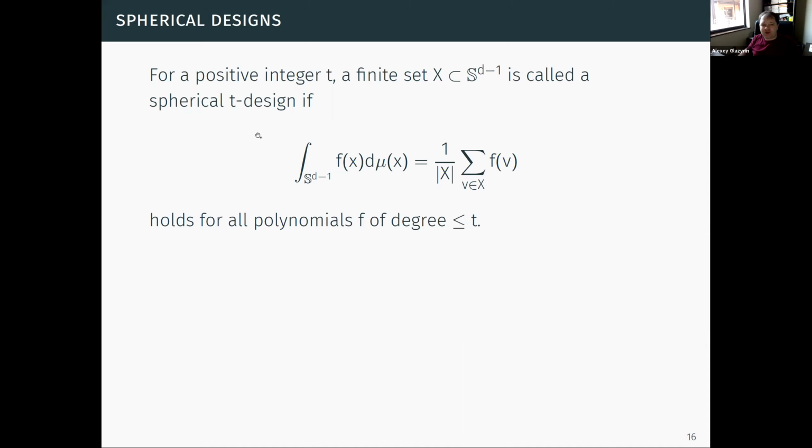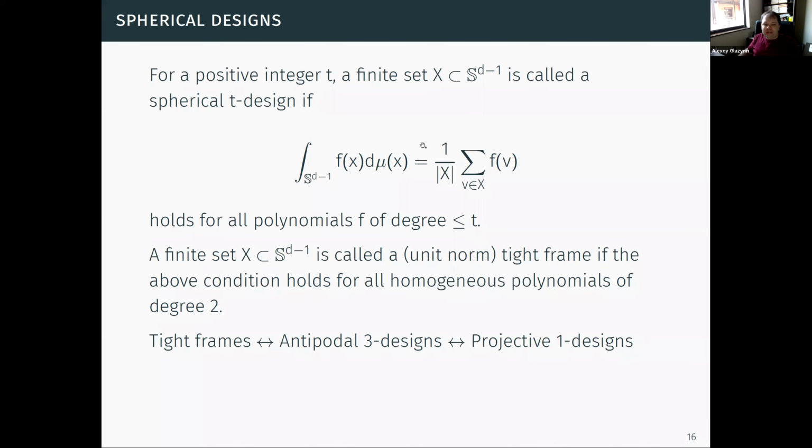Well, if you look at this condition only for homogeneous polynomials of degree 2, then the set that you get this way is called in literature a tight frame. Well, everything is unit norm, so I omit these words. It's a unit norm tight frame, of course. And tight frames are essentially antipodal 3 designs.